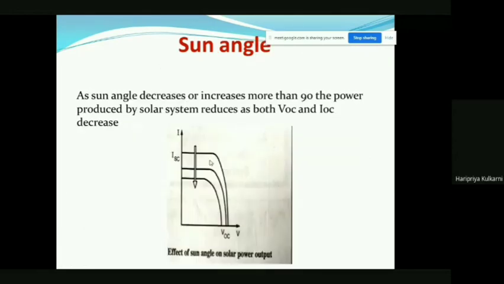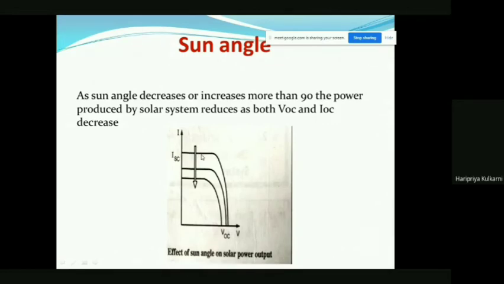This is the sun angle. As the sun moves from east to west, 0, 90 degrees at 12 noon and 180 degrees in the other direction, these characteristics will get shifted upward and downward. So at 12 noon we get the highest amount of current. From morning to 12 noon, I mean sunrise to 12 noon, the energy goes on increasing.